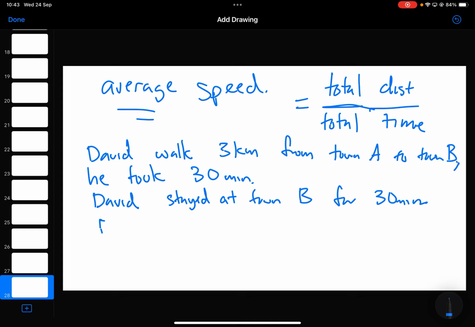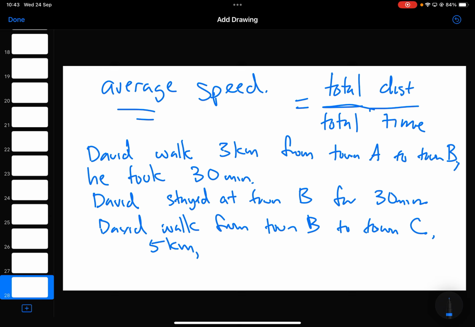Then after that, David walked from town B to town C, which was 5 kilometers away. He took 1 hour. Find his average speed for the entire journey.